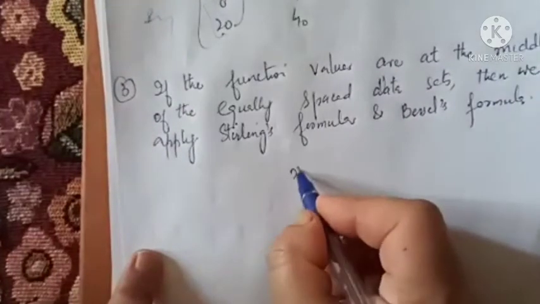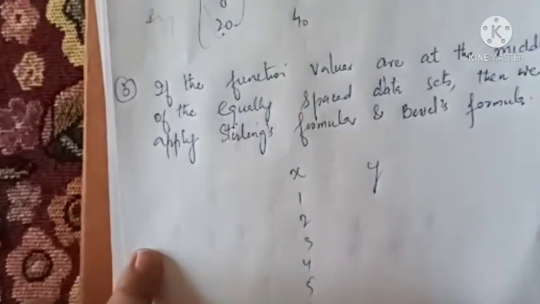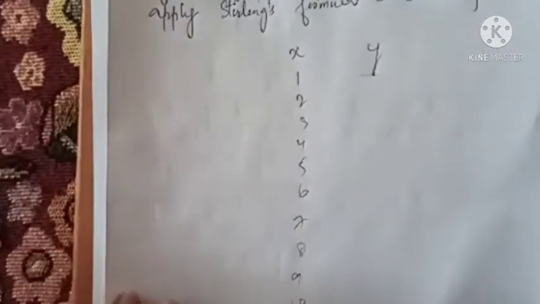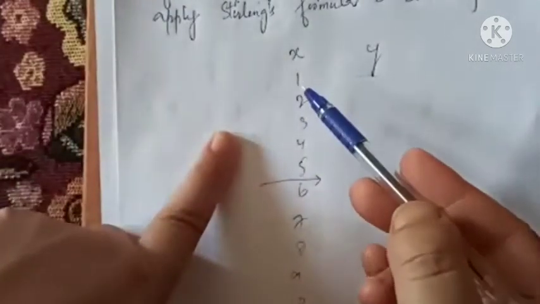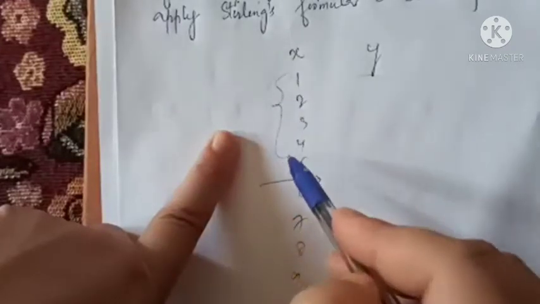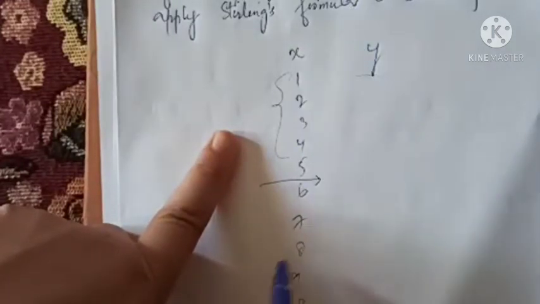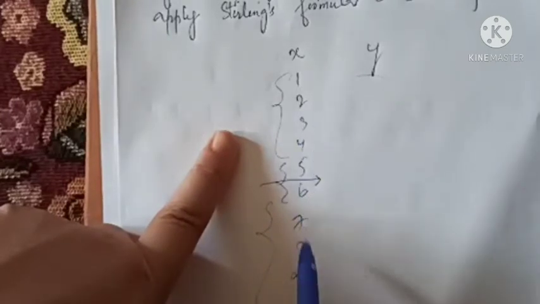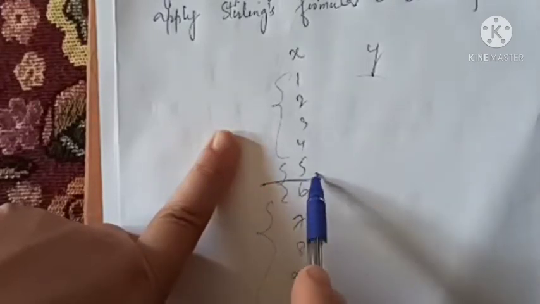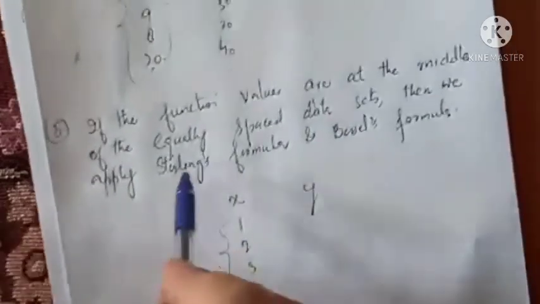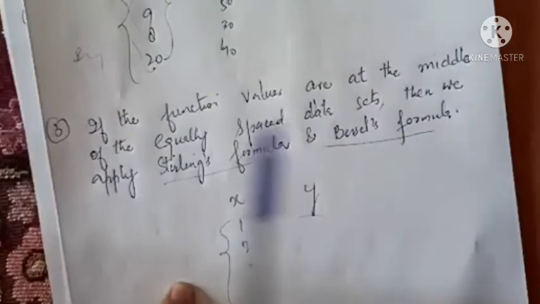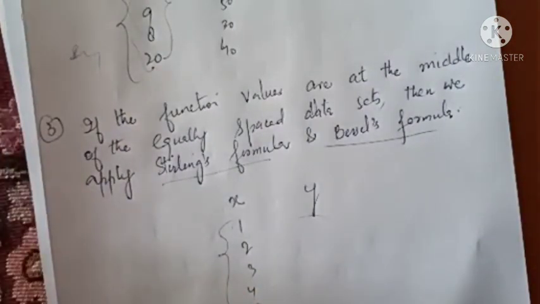What if you are having equally spaced data sets like 1, 2, 3, 4, 5, 6, 9, 10, and any values of y, and you have to estimate the value which lies in the middle of the data set? If we are having equally spaced data sets and our value lies in the upper half of the table, then we use Newton's forward difference interpolation method. And if the value lies in the lower half of the table, then we go with Newton's backward difference interpolation method. But if we have to find the value in equally spaced data points and the value of estimation lies in the middle, then we have to use either Stirling's formula or Bessel's formula.